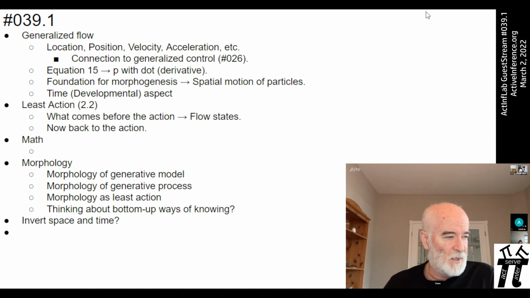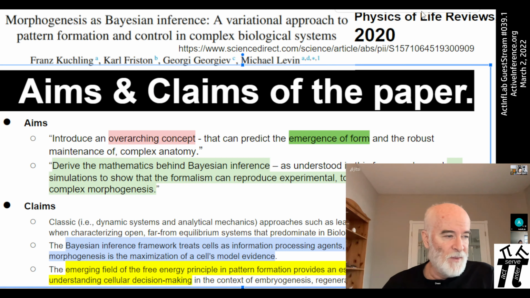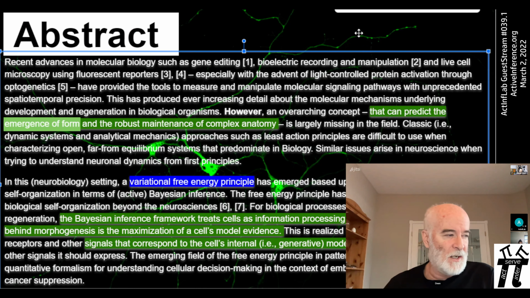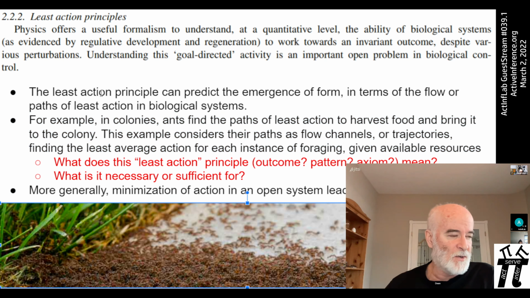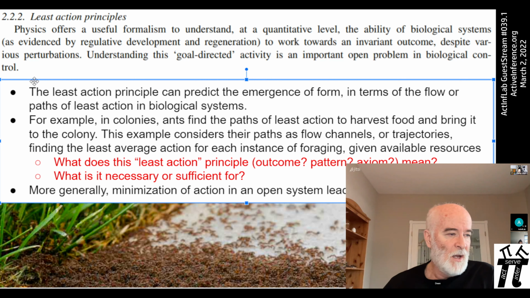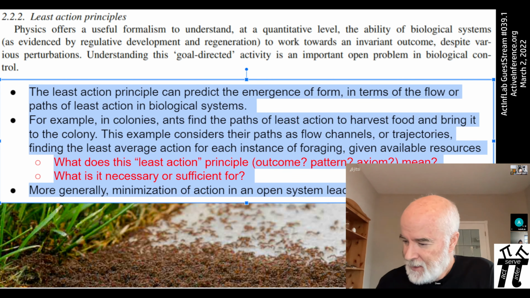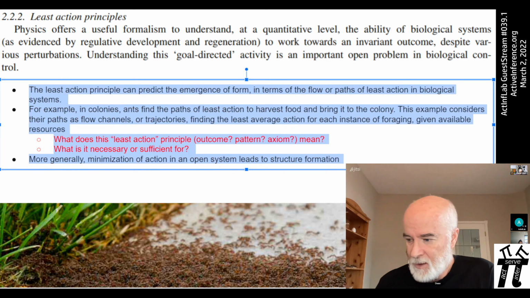So what Daniel was mentioning there, the morphogenesis, in terms of the flow or paths of least action in biological systems. For example, in colonies, ants find the paths of least action to harvest food and bring it to the colony. The example considers their paths as flow channels or trajectories, finding the least average action for each instance of foraging given available resources. So this gets me thinking about, well, what do we mean by least action as opposed to, say, most action?